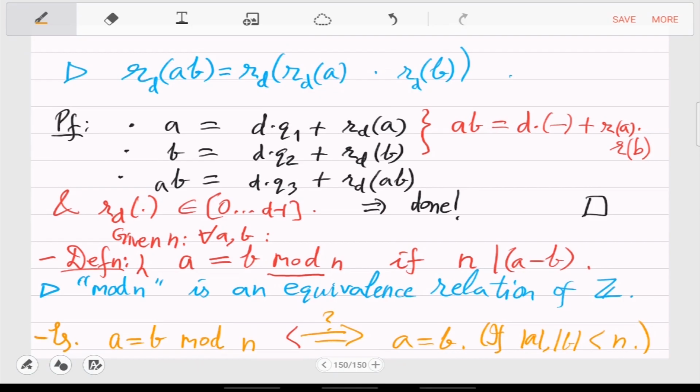But remember that our goal is to do this recursion on numbers, right? We want to reduce big numbers to small numbers. So n will always be quite small. So in that case, there will be no forward direction. You cannot deduce A equal to B, but still you can do useful things.